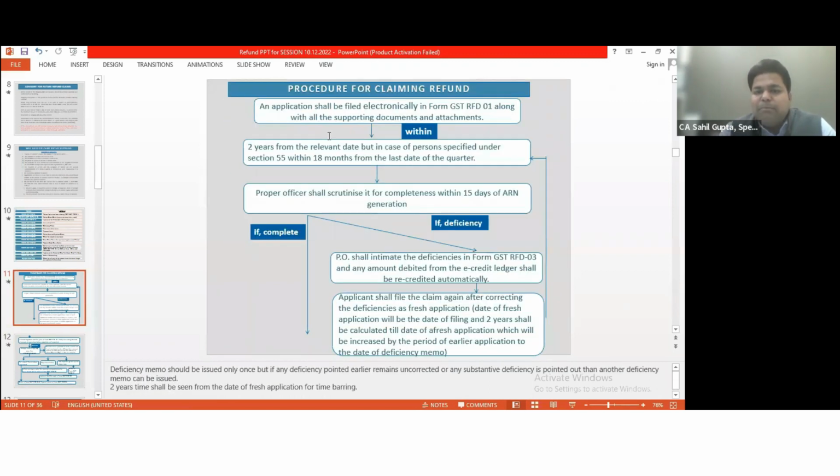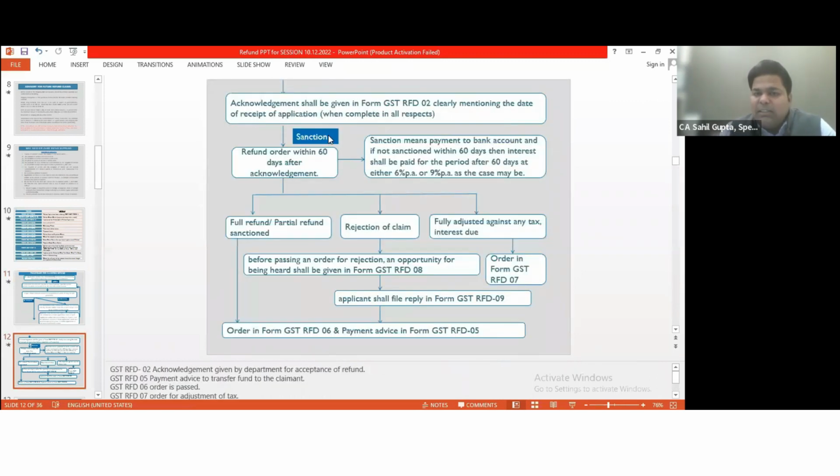If the application is complete, then acknowledgement is issued. Thereafter, a refund order will be issued or a show cause notice is issued. Here I have explained that from the date of application till the date of payment received in the bank account, the total time frame is 60 days. If there is an increase in that 60 day period, then an interest policy has also been given.